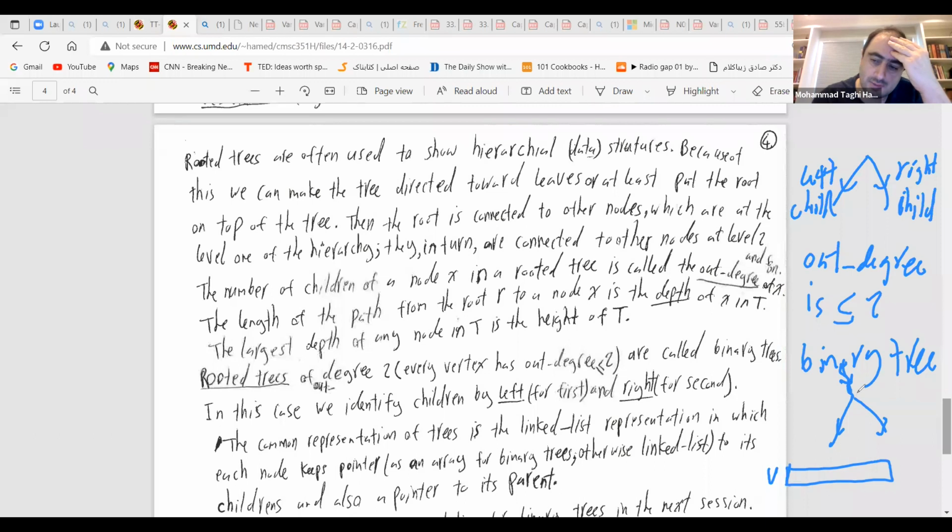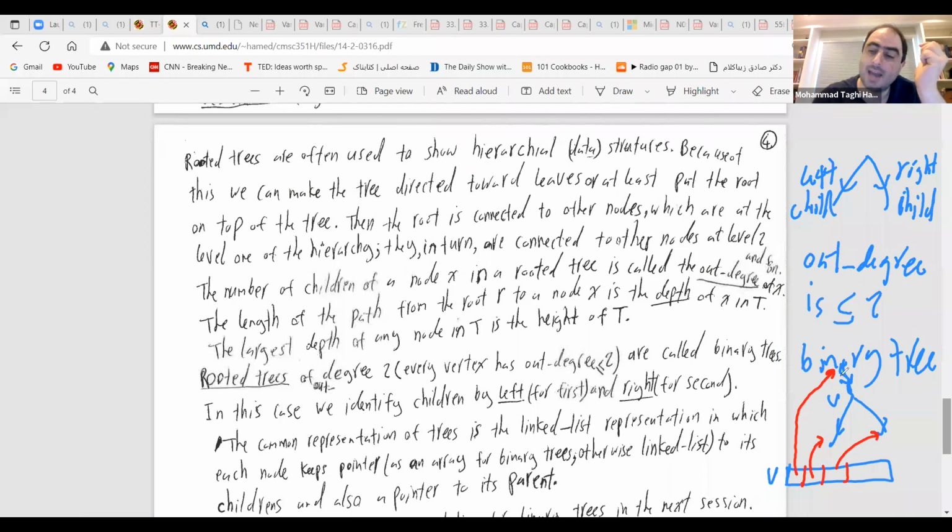So this is the vertex V here. One of the pointers will go to the parent, if you want to have a parent. The other ones go to its 2 children. One of them can be none, but if it has a left or right child, it can point to it.